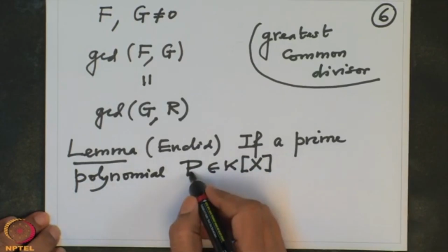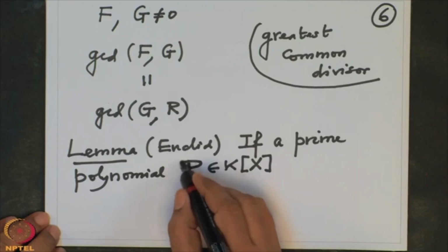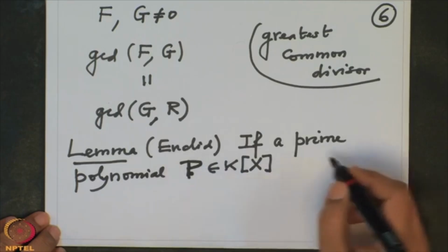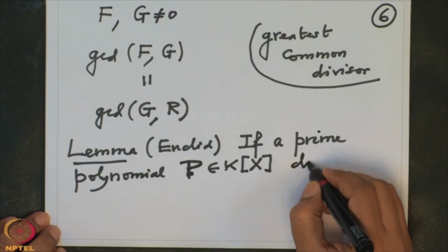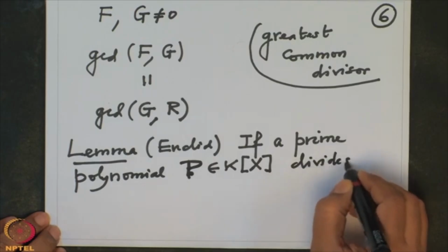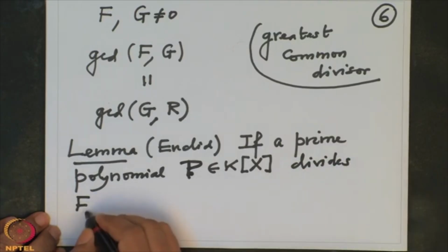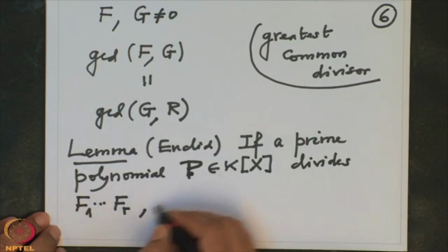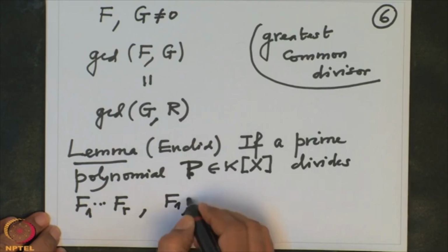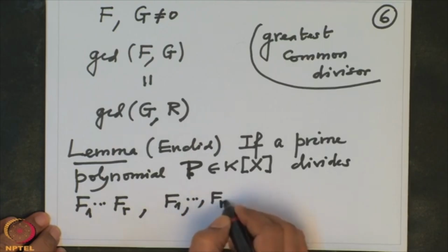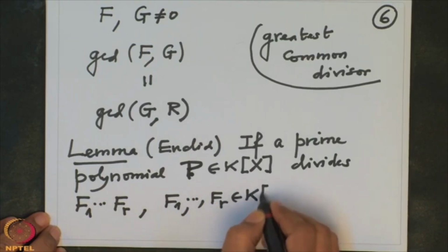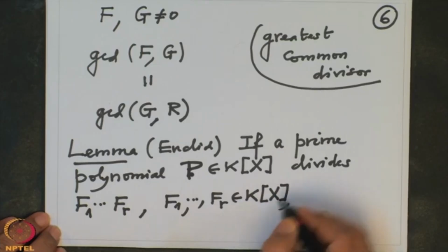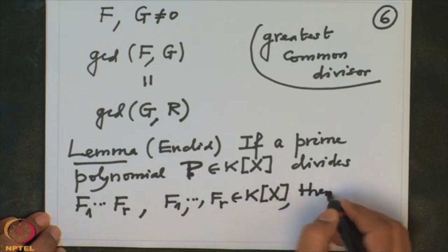That means the only divisors are of the form A times P, where A is a non-zero constant. If a prime polynomial P divides the product F1 to Fr, where F1 to Fr are polynomials in K, then P divides one of them.